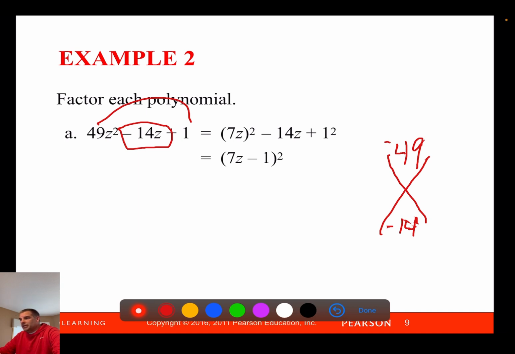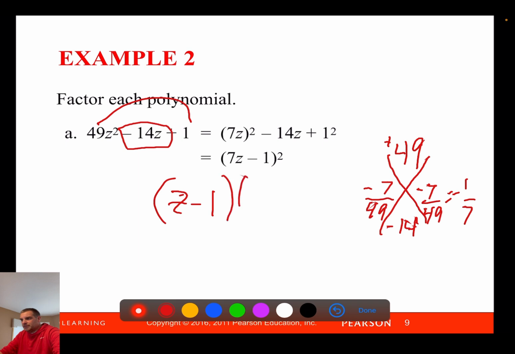So I need two numbers that multiply together to be positive 49. So negative 7 and negative 7. Negative 7 times negative 7 is 49, but remember, because my A value was 49, I've got to divide this by 49 and reduce to negative 1/7. So that becomes z minus 1 times z minus 1.